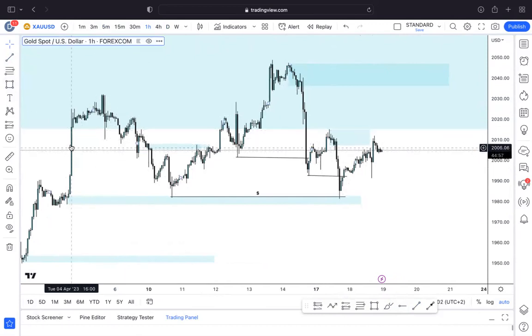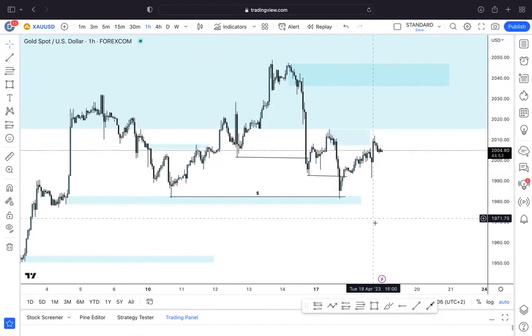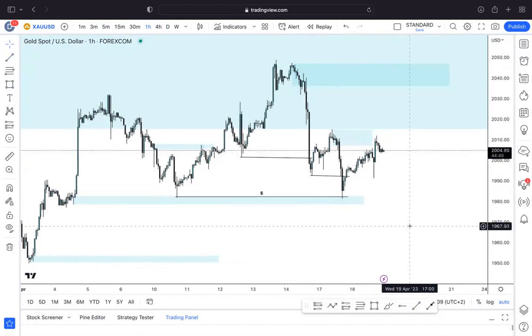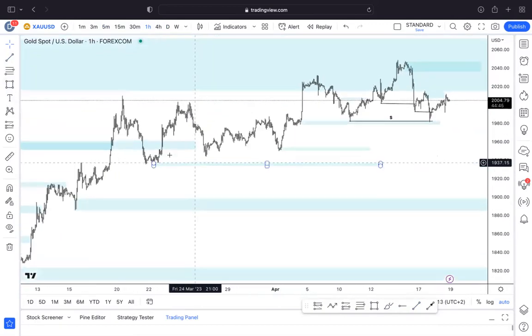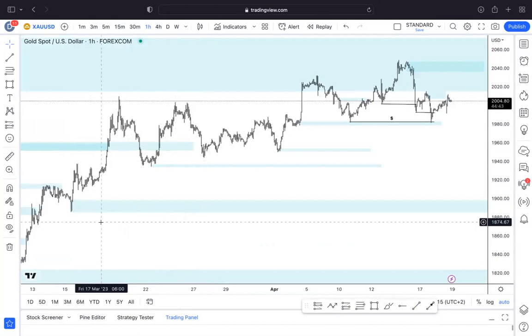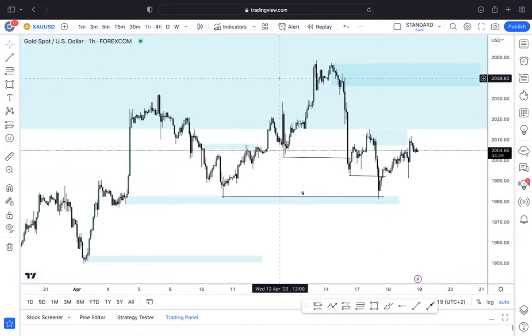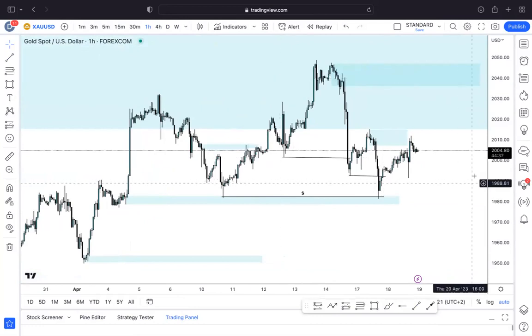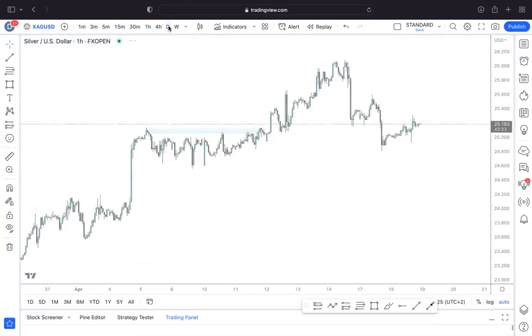Like this one here was filled by this, so that's a big imbalance. But this one's big as well, and so is this one and this one and this one. So there's way down for this, because there's so many imbalances below.